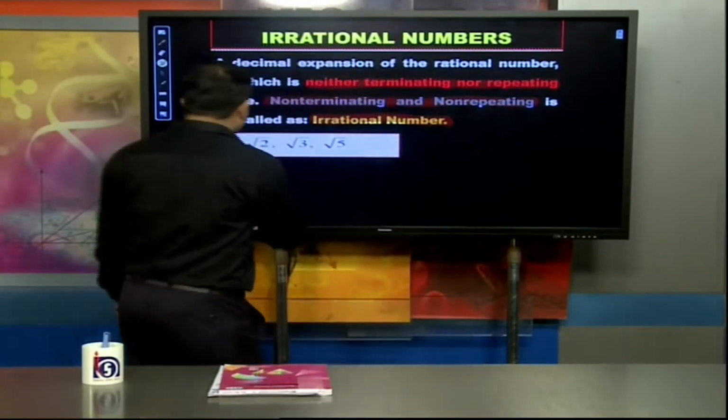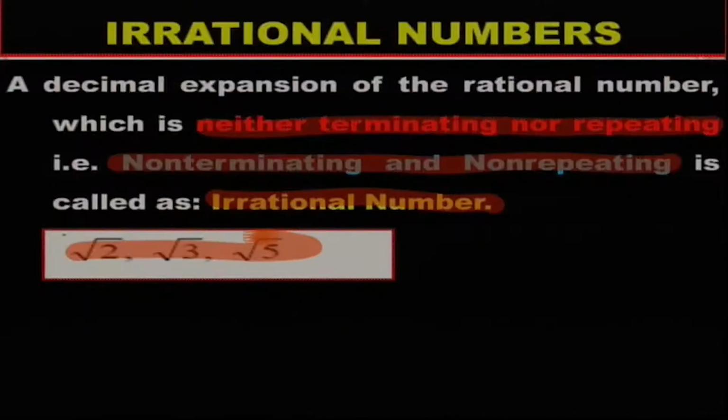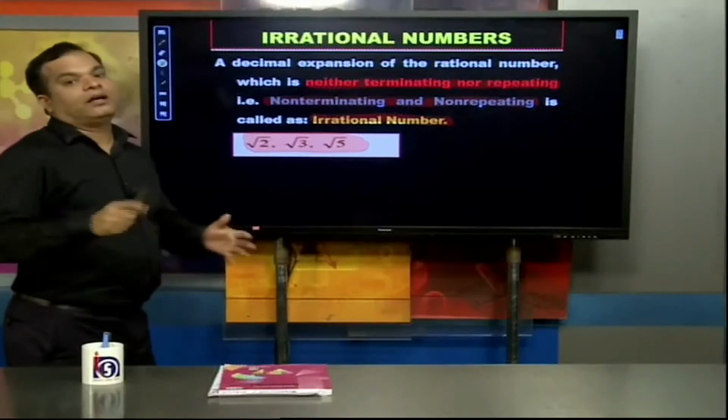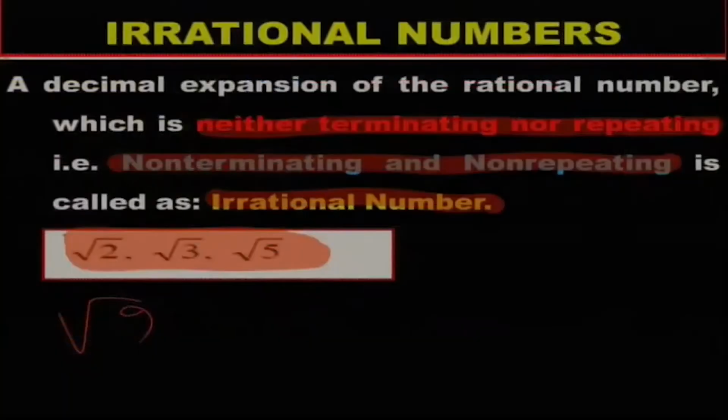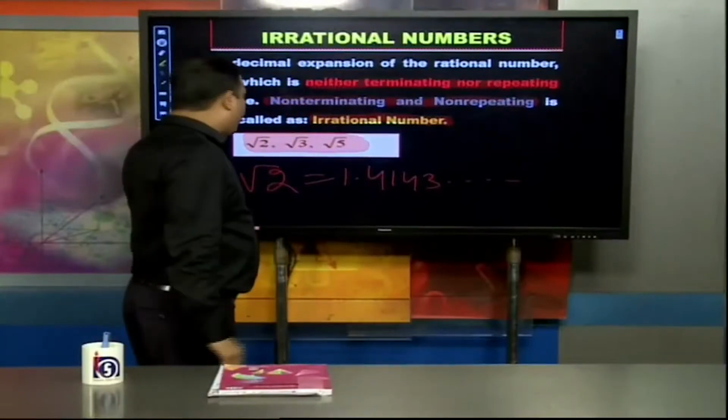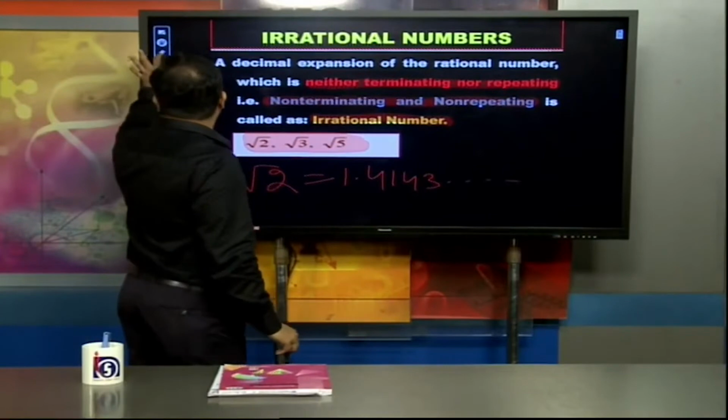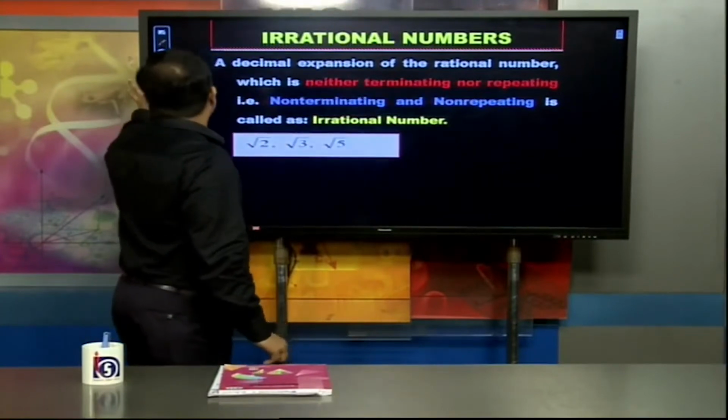For example, root 2, root 3, root 5 are irrational numbers, because the value of root 2 is 1.4143 dot dot dot, like this.